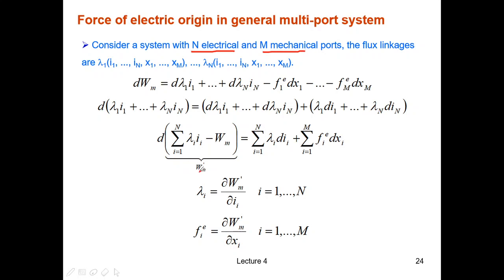So we can build the Wm dash like this, which will have N components from lambda i di i from 1 to N, and also M components from Fe i dxi, with i running from 1 to M. And then we will have N equations to calculate lambda, and M equations or formulas to calculate Fe, from Fe1 to FeM.